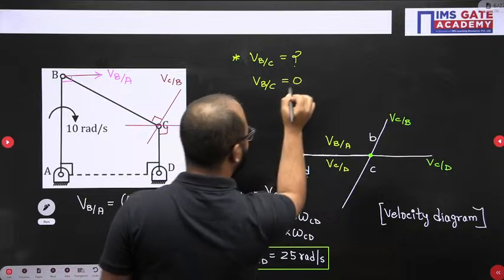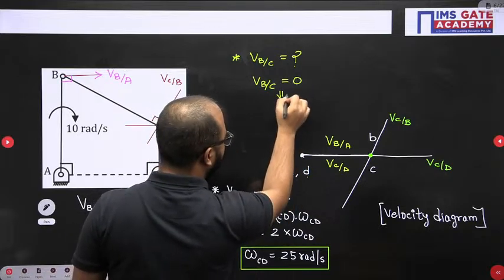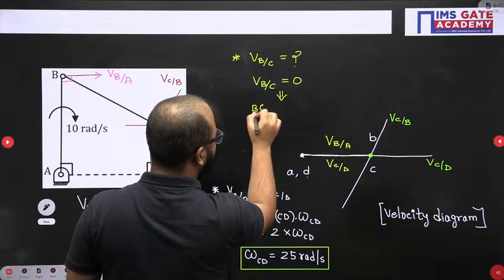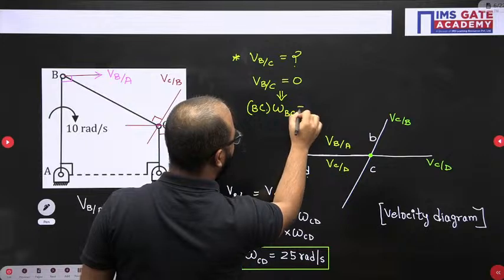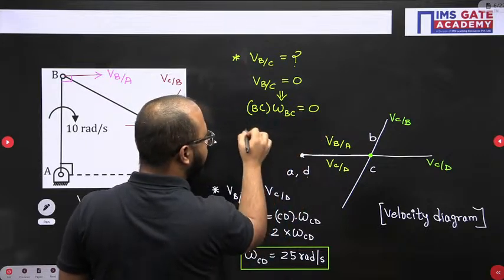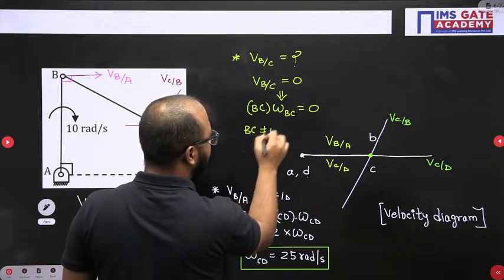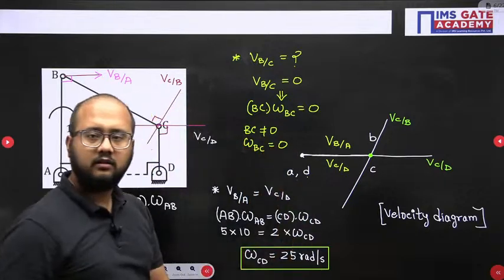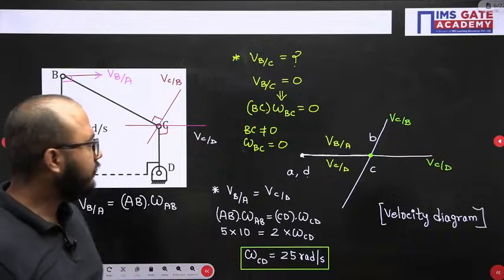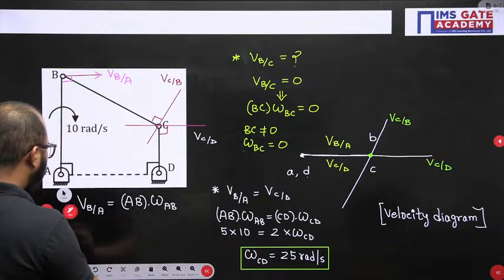And when it is 0, it means the length BC multiplied by omega BC equals 0. As BC length cannot be 0, what will happen? Omega BC will be 0. Yes, 0. So what is the conclusion here?